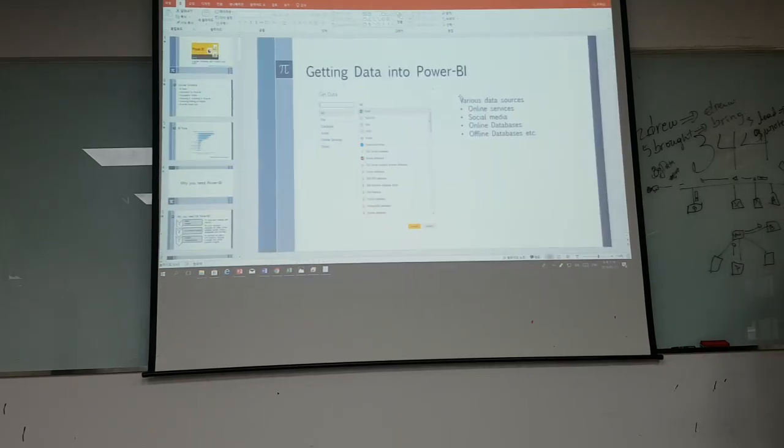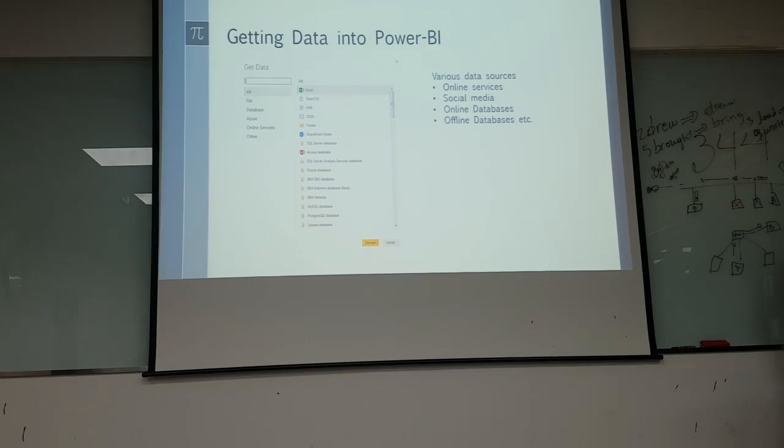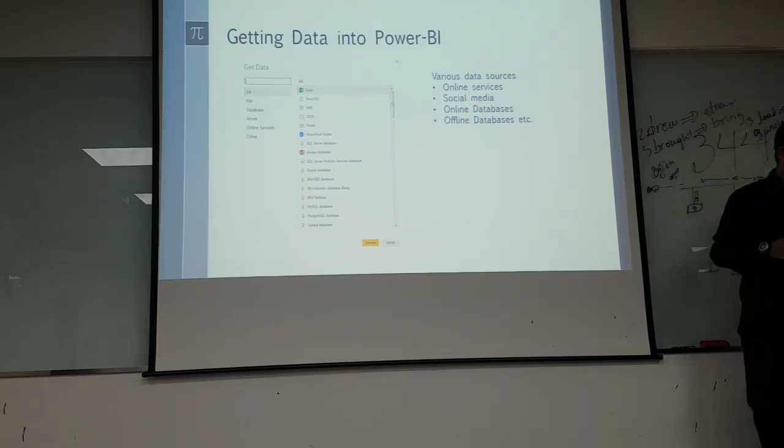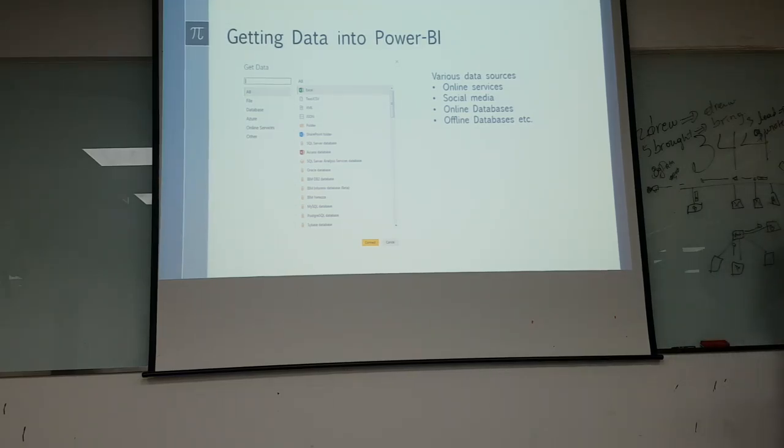Okay, I think it's not viewing properly. Let me go to the slide. Okay, starting from the Excel data, you can even take CSV data and XML data, whatever data set you are using, you can get those things. It's like online services also.